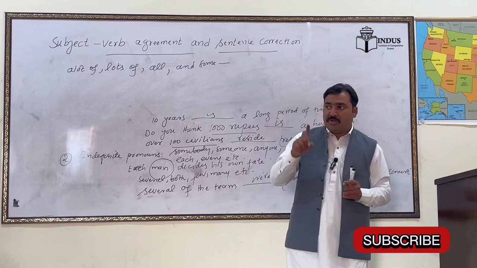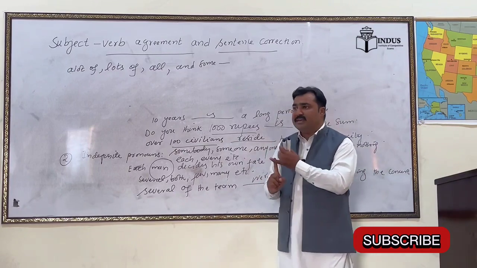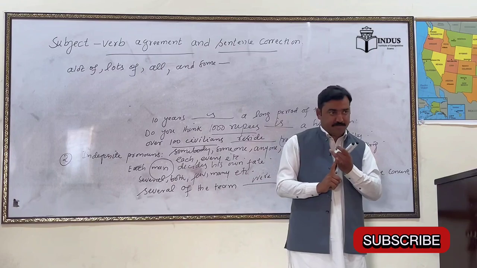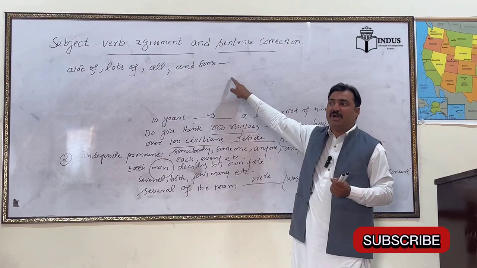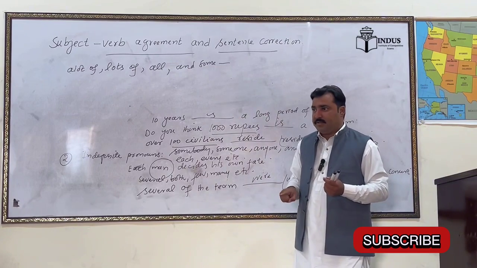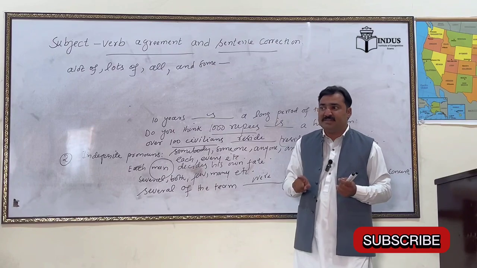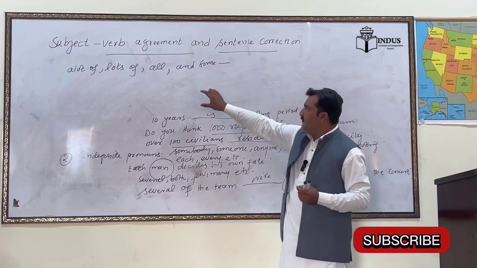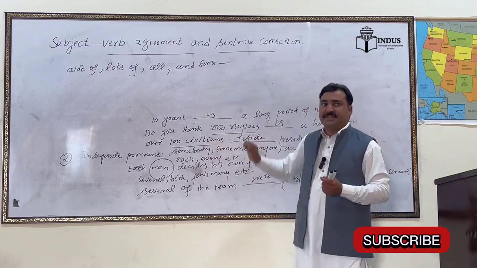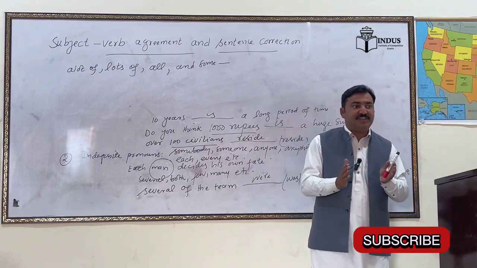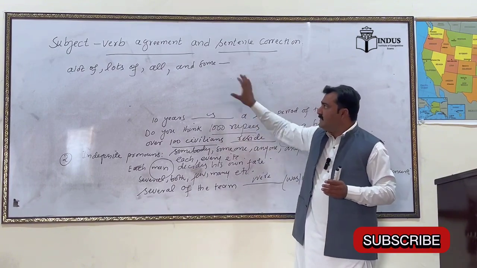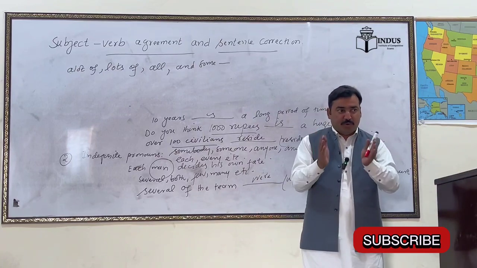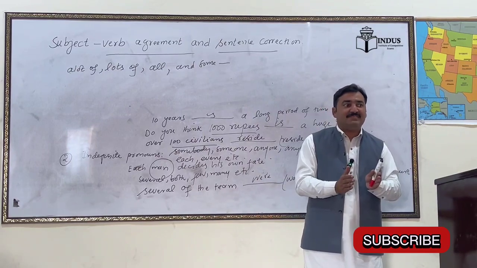It depends on whether the noun is countable or uncountable. If all of these adjectives are attached with countable nouns, we will treat it as a plural subject. If these adjectives are attached with an uncountable noun, we will treat these adjectives and the whole subject as singular.